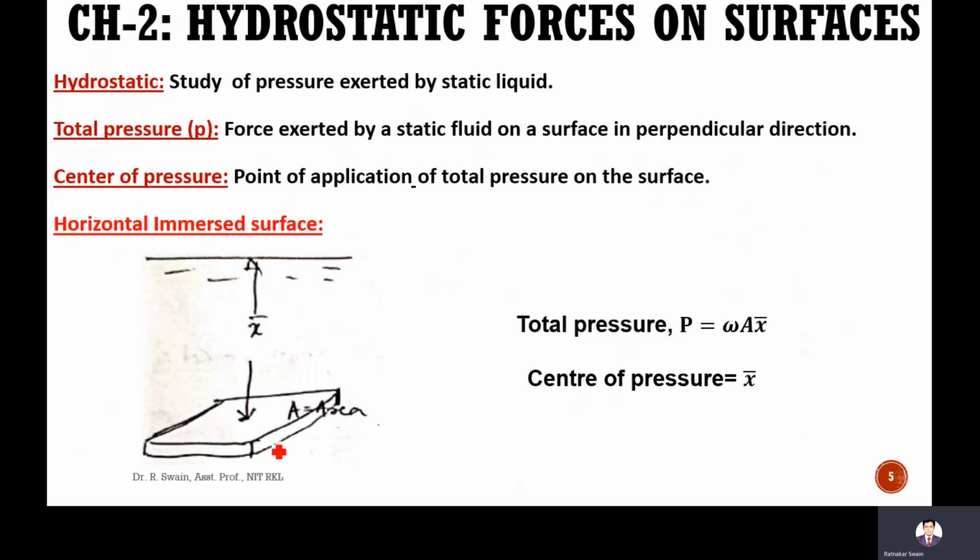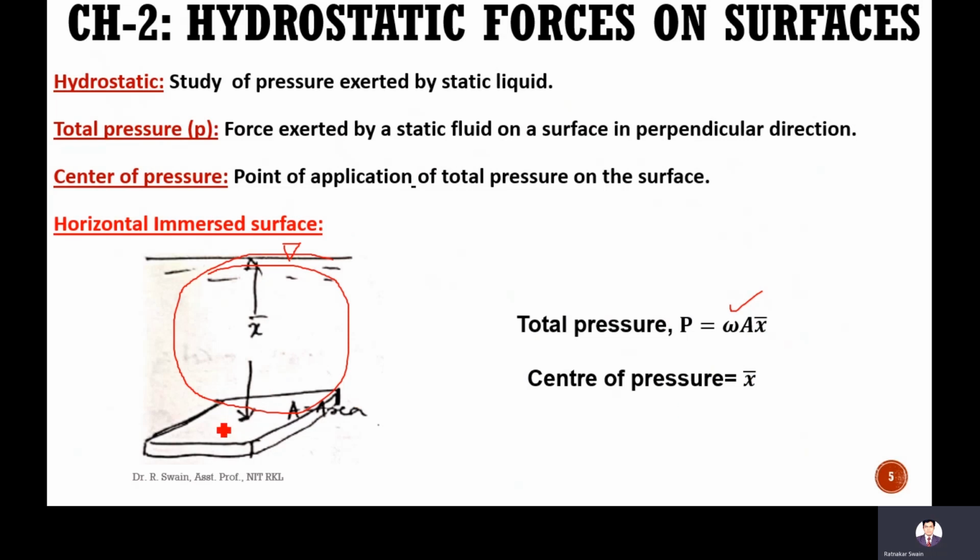Let this be a horizontal immersed surface. The surface area is A, and the distance is x bar from the liquid surface. The total pressure is the force exerted by the static fluid on the surface, that is, the weight of this portion acting on the surface. That weight will be unit weight into volume. Unit weight is w, and volume is A into x bar, where A is the surface area and x bar is the depth. The center of pressure is the point of application of the total pressure.